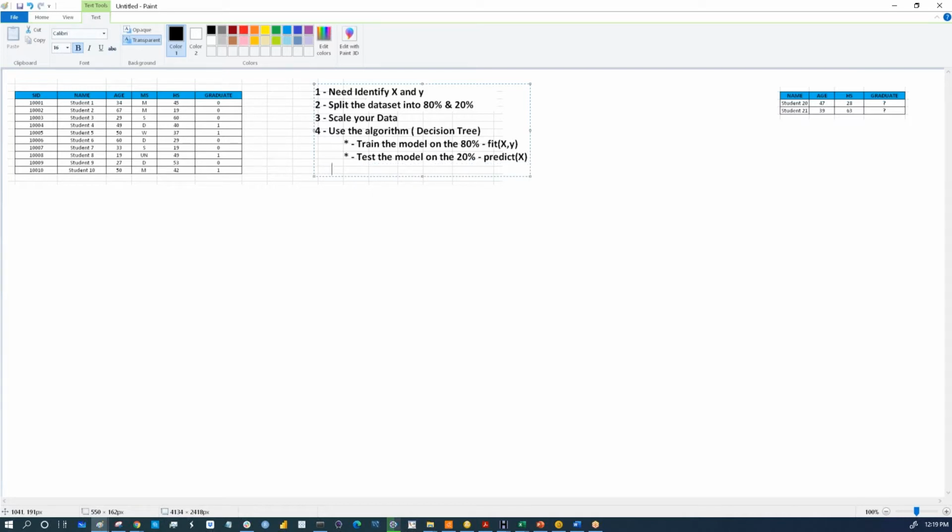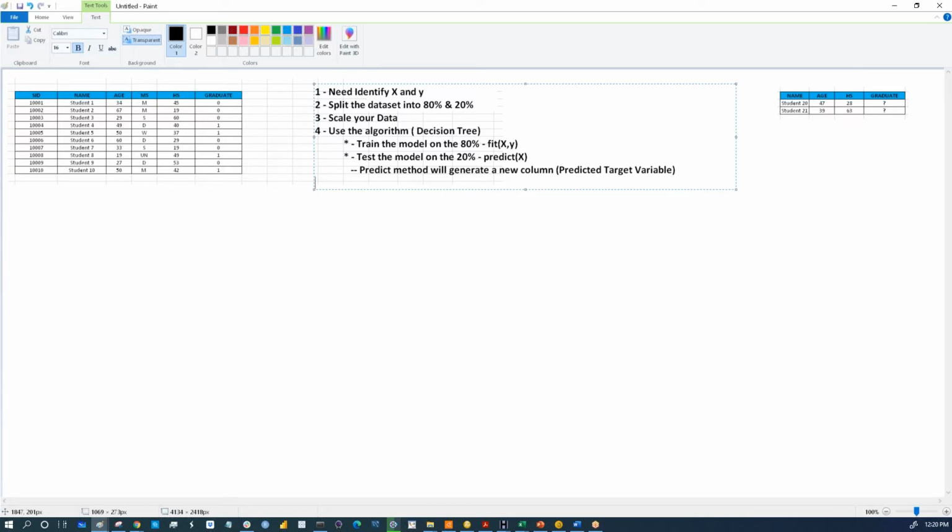And finally, this predict method will generate a new column called predicted target variable.